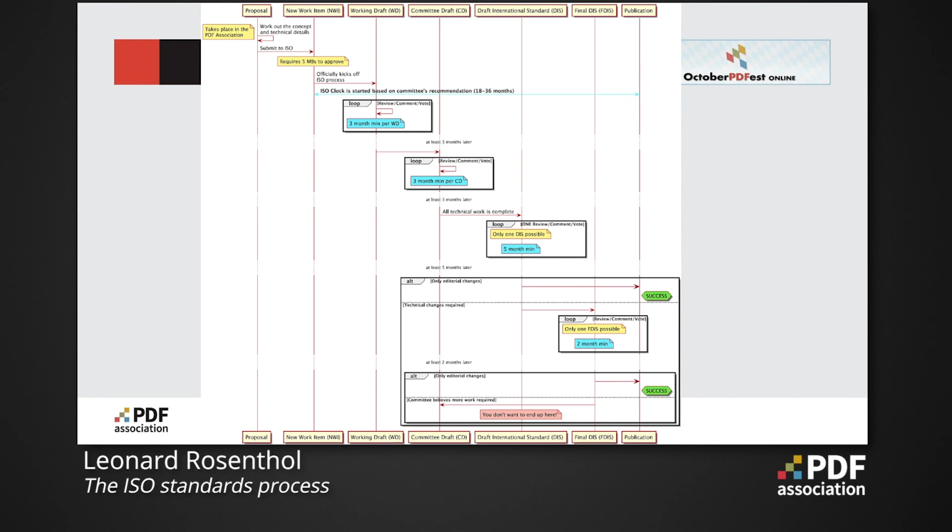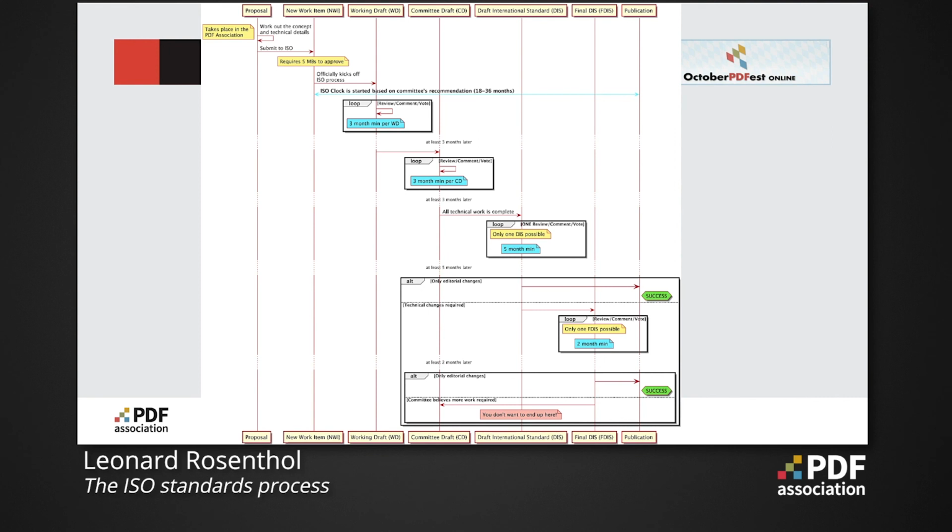We have a new forms technical working group, which is focused on advancing the forms technologies within PDF and bringing them into modern usage. We have an accessibility working group focused, of course, on advancing accessibility for PDF, and the list goes on. So if you're not involved in these, please go to your member area on the association website and join the various technical working groups that interest you.